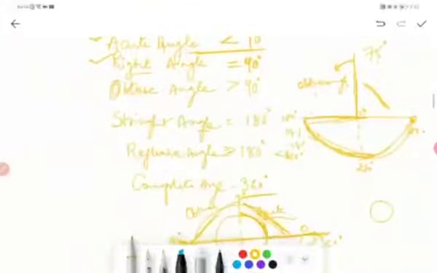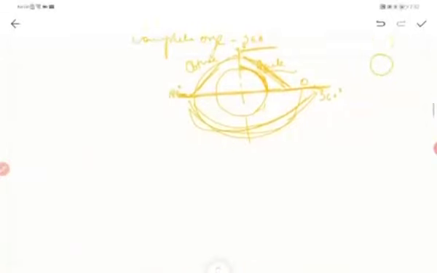Okay, and if you know what a perpendicular line is, perpendicular line means this is your line. Okay, and any line which is coming and striking the base exactly at 90 degrees, that line you call a perpendicular line.